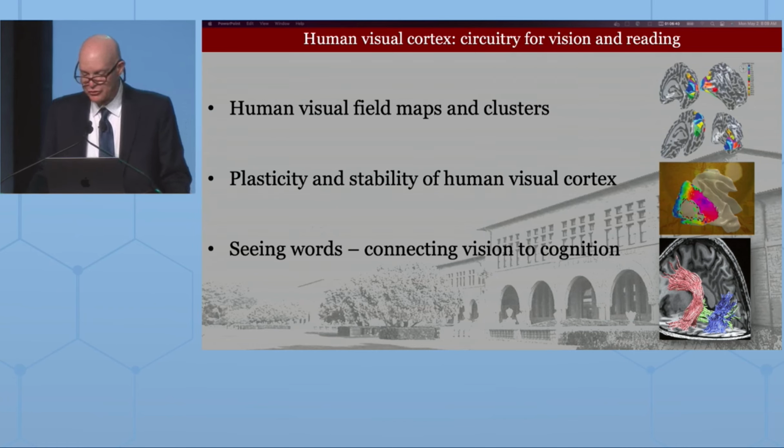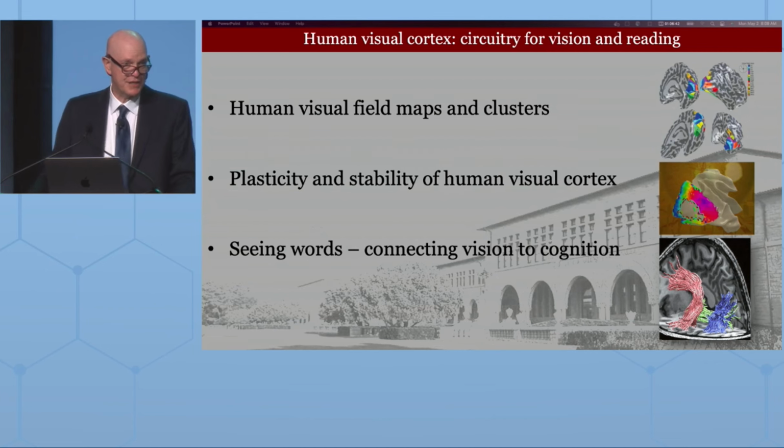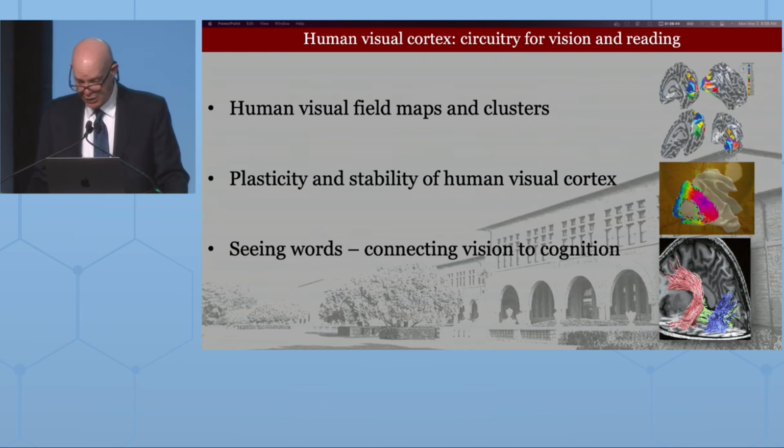The first topic concerns what we've learned over the past 30 years concerning the organization of human visual cortex, and in particular the retinotopic maps and how they are organized together. The second topic builds on these discoveries to review what we've learned about the plasticity and stability of those maps.